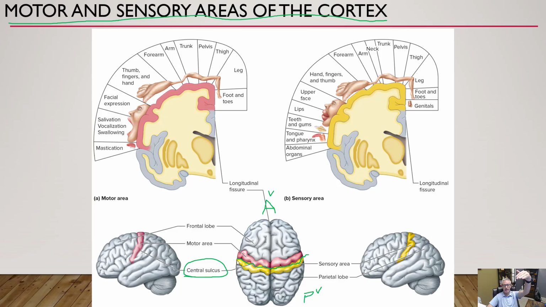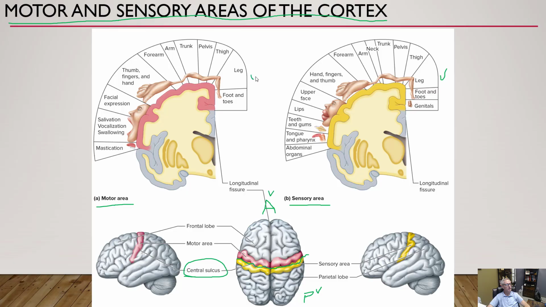So anterior to that central sulcus, or towards the front, we have what's called the motor area of the cerebral cortex. And posterior to that central sulcus, we have that sensory area of the cerebral cortex. And what we see is that as we go around these two areas, they kind of mirror each other.